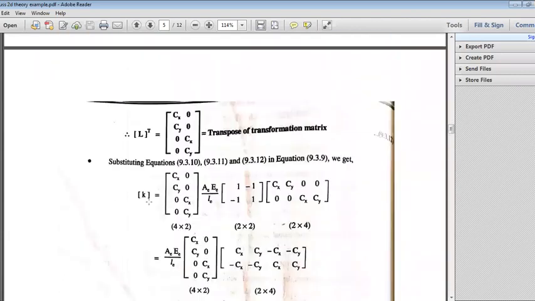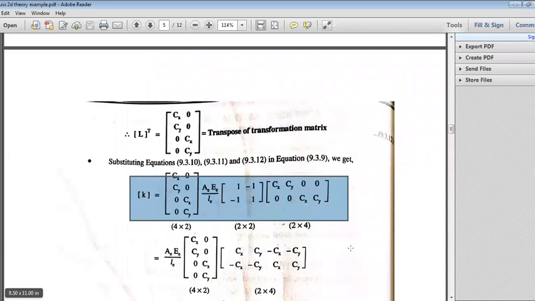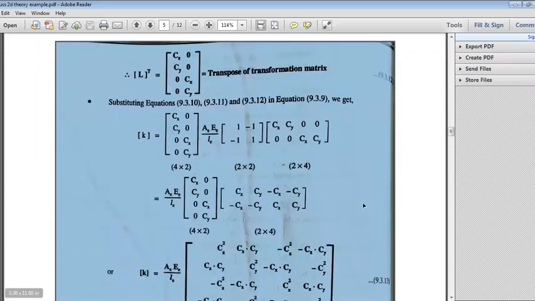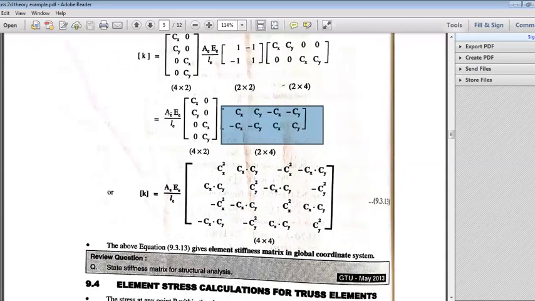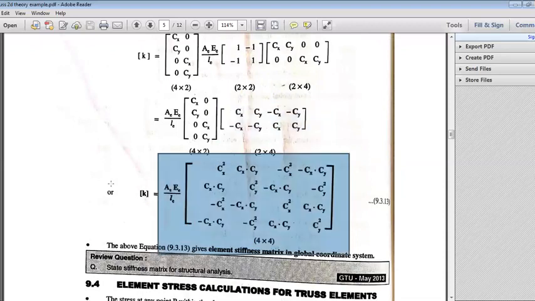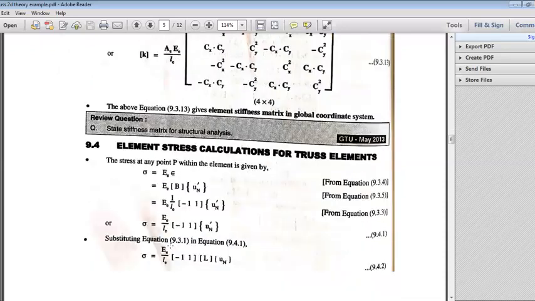Similarly, for the k of the element you have to keep in mind this equation, this one. Cx A by, multiplication of these two matrices, 2 by 2 multiplied with the first one, so you get this one. Finally, by solving, you have to keep in mind this final equation for the element stiffness matrix, right?